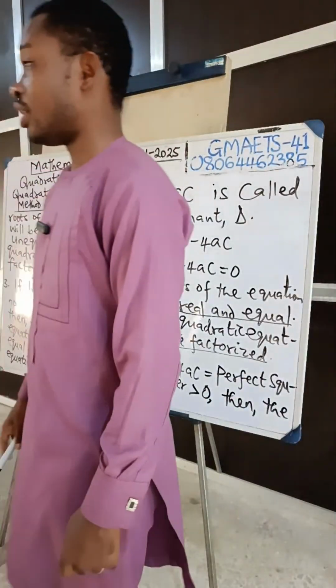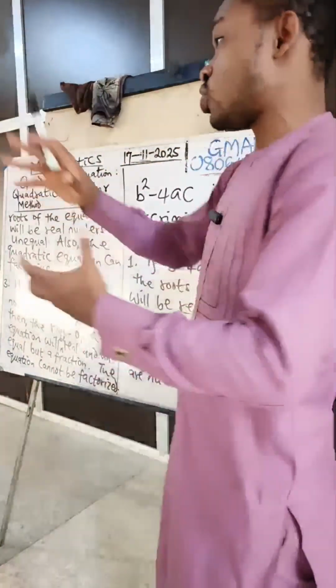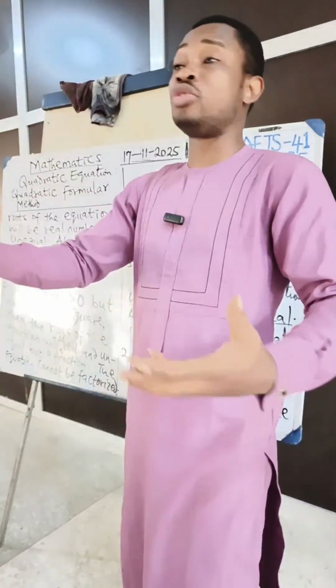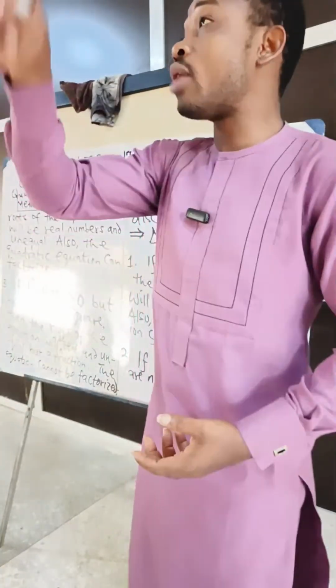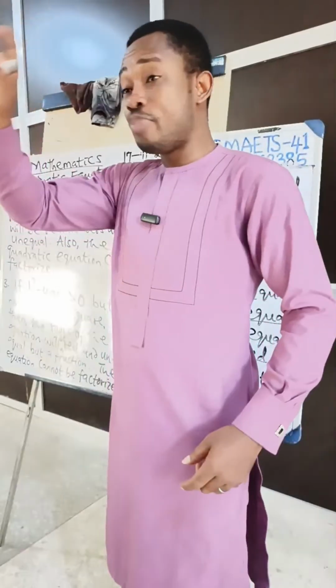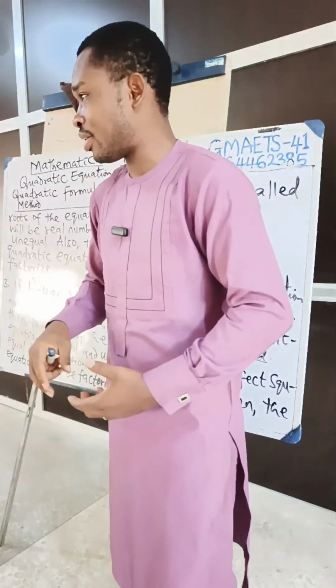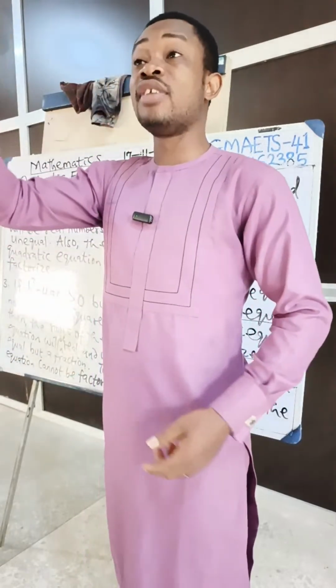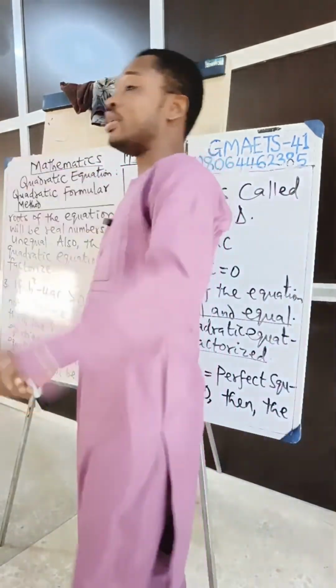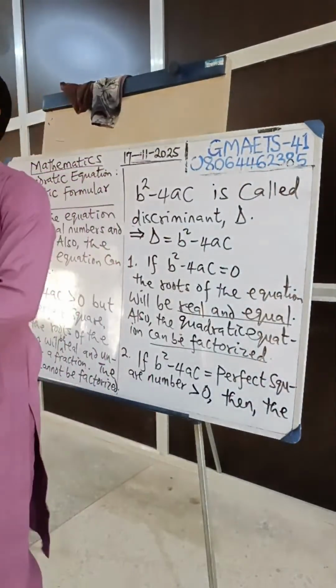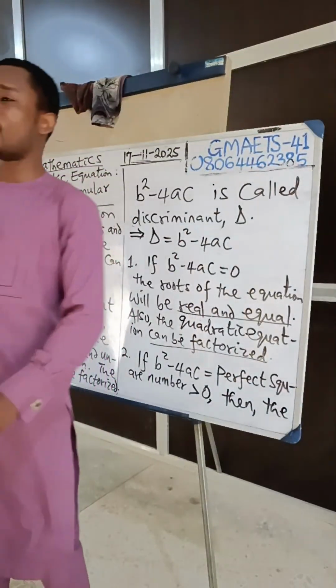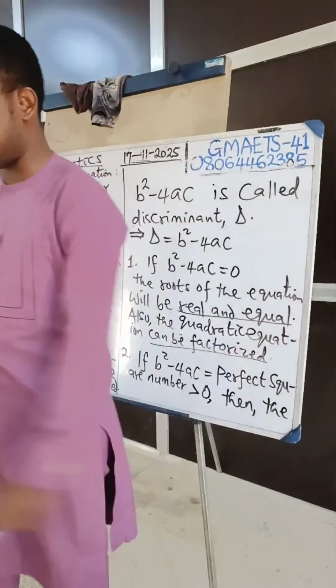Imagine that you substitute into the quadratic formula, and the b squared minus 4ac gives you a negative number when you simplify. You will now have the square root of a negative number. You can't solve it. And let me tell you, in your general math, no examiner will give you that. Not even WAEC. If WAEC does that, I'll charge them to court.